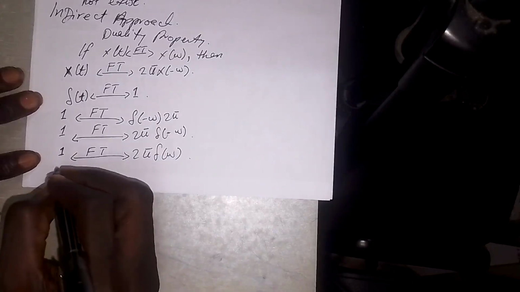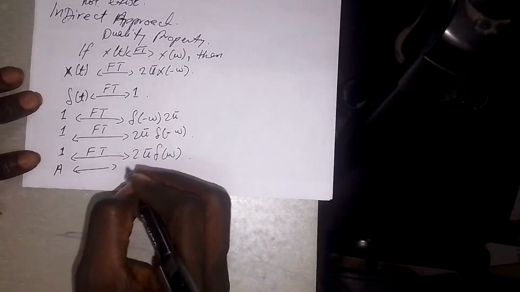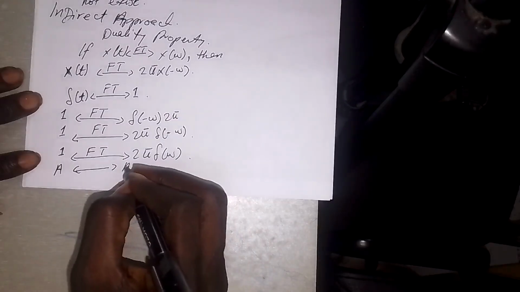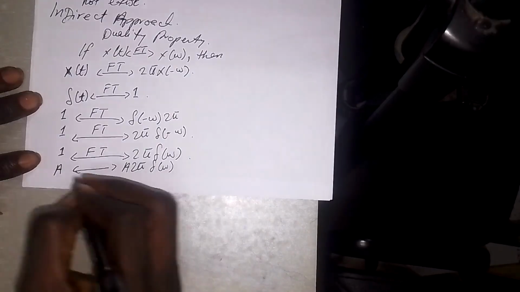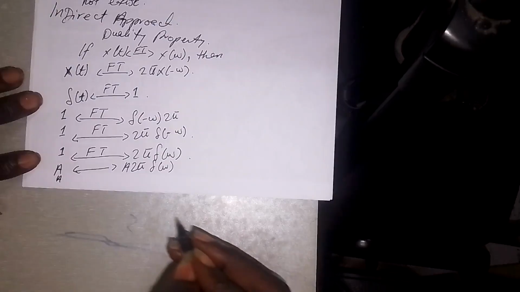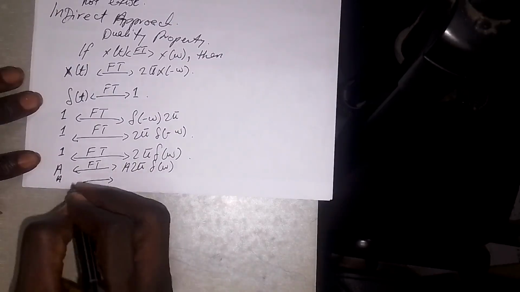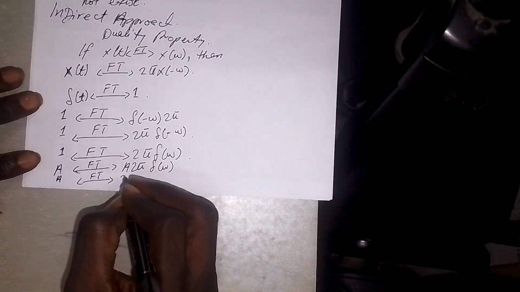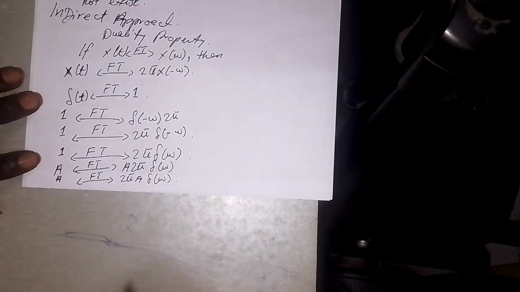So if I have any constant amplitude, let's say A, then the Fourier transform of A is A times 2 pi delta of omega, that is, 2 pi A delta of omega. So that'll be the end of this particular session. Thank you so much.